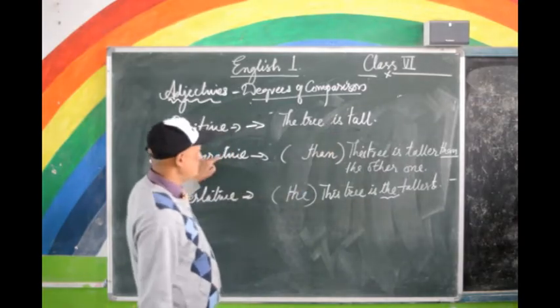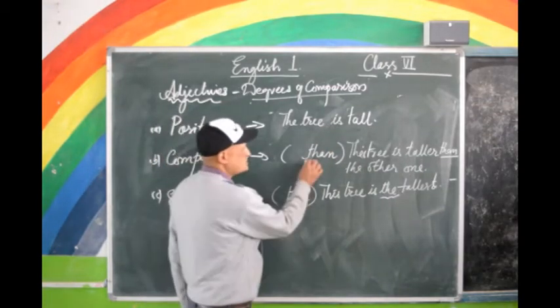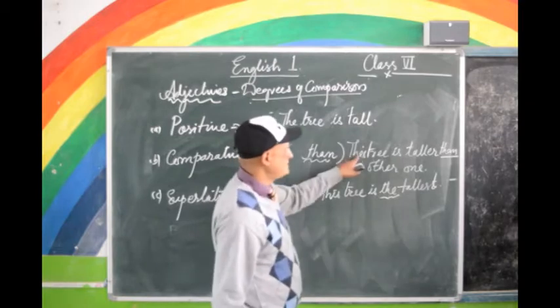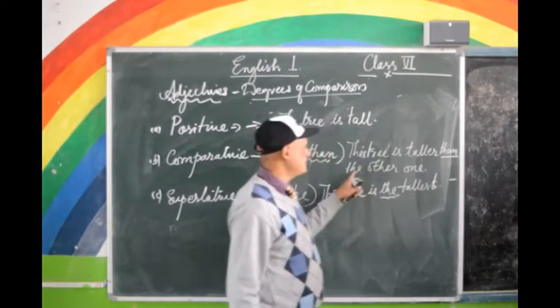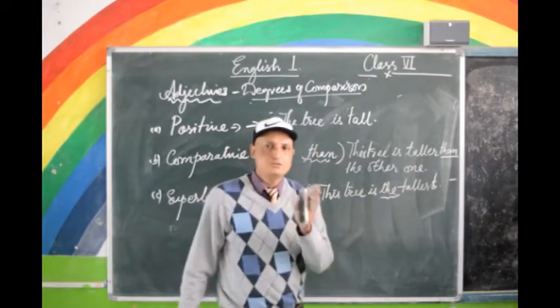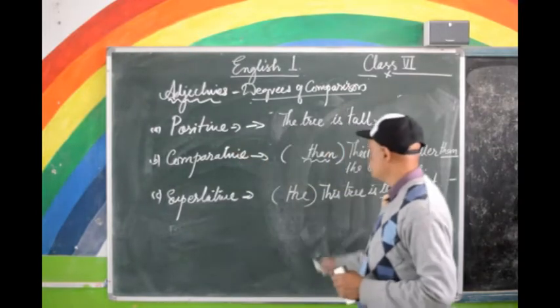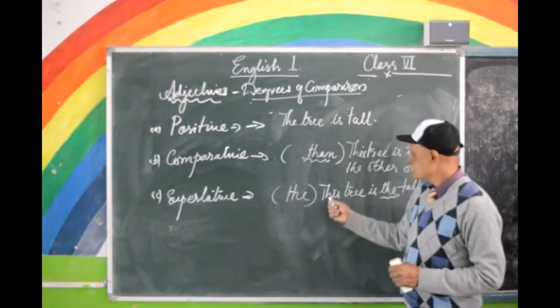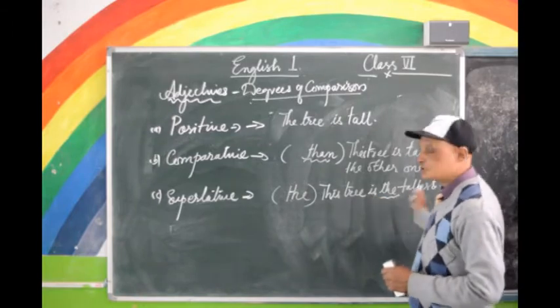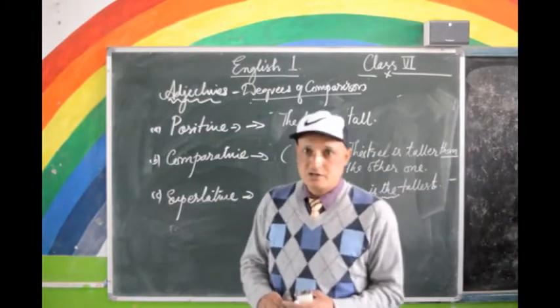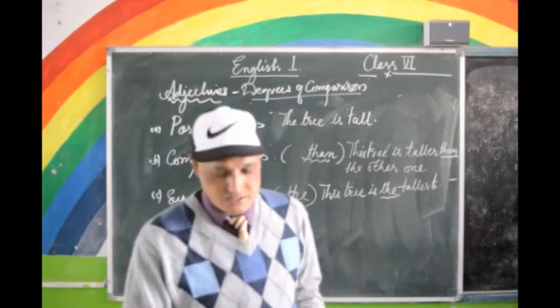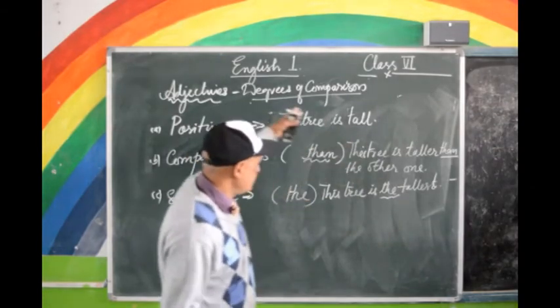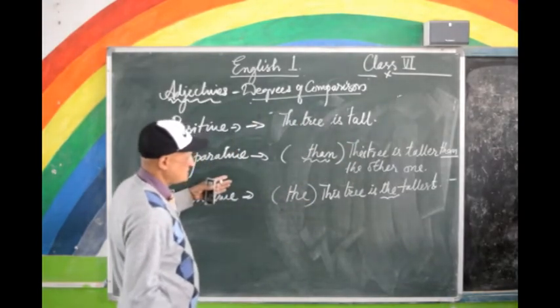When we write a sentence in the comparative degree, we make use of than, as in this tree is taller than the other one. And in the superlative degree, we make use of the. This tree is the tallest. So these are for certain adjectives in different degrees of comparison.